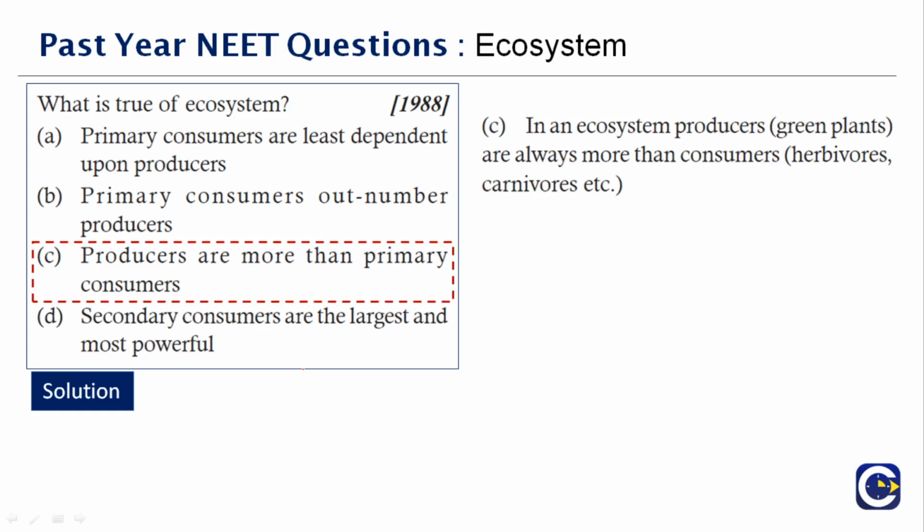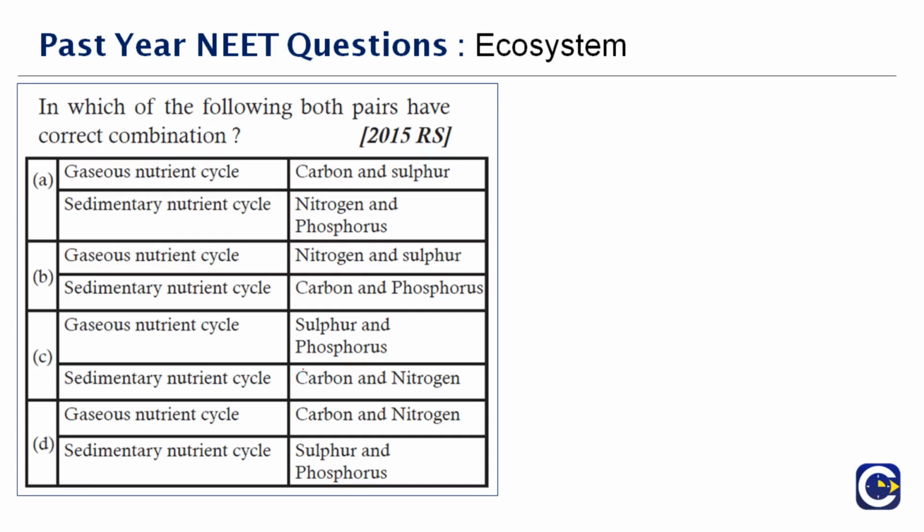Okay, now let's move to the next question here. In which of the following both pairs have correct combination? Okay, now we have to analyze the statements or the matching here. Gaseous nutrient cycle, carbon and sulfur, that is right. But look at the sedimentary nutrient cycle, it is nitrogen and phosphorus. No. Gaseous nitrogen cycle, it is nitrogen and sulfur.